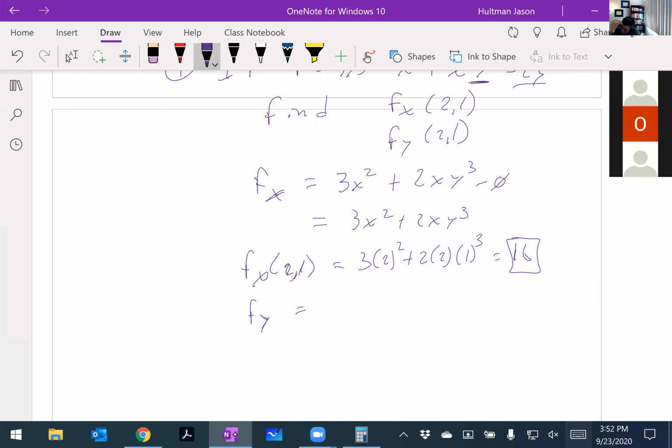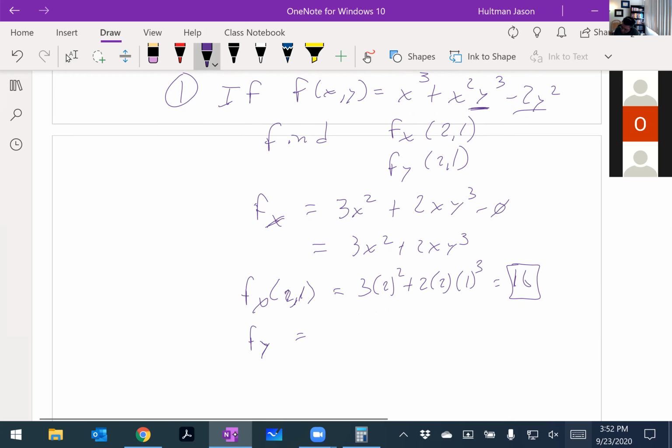Okay, f sub y, that's going to be fixing x and allowing y to vary. So that's 0. Derivative of the x value here is 0. Plus x squared times 3y squared, minus 2 times 2y.